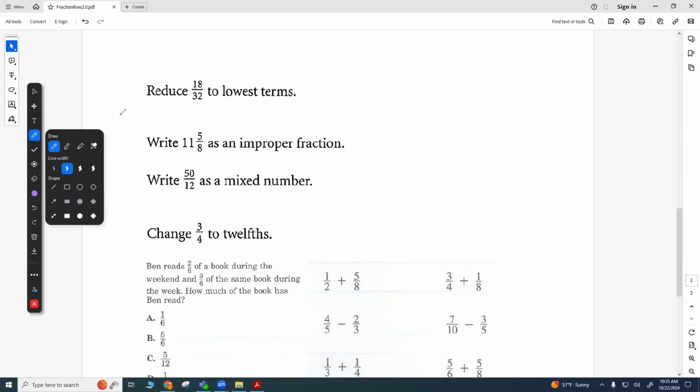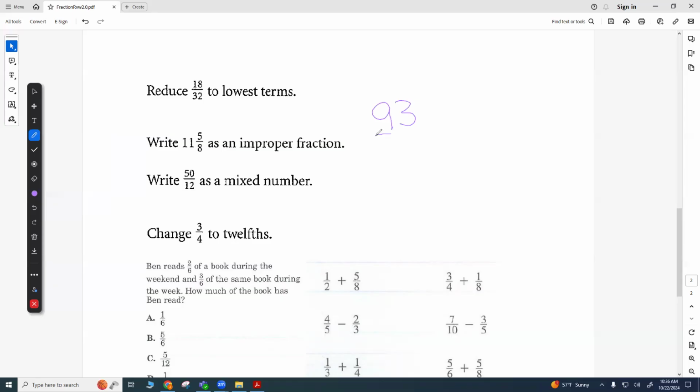So 8 times 11 is 88. 88 plus 5 is 93. And then we just throw on our same denominator. Good. So once again, our proper fractions have equivalent decimal and percent forms. Same between, right, improper and mixed.